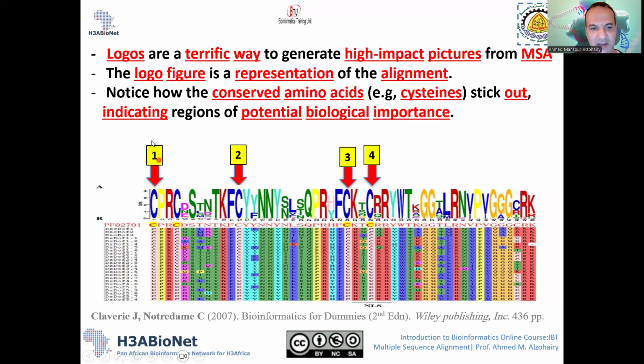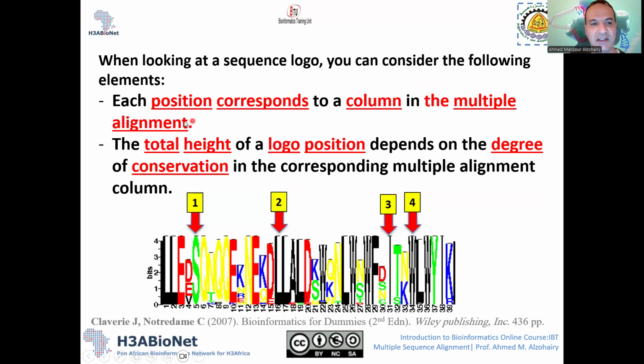For example, here in that figure, you can see at arrow number one, two, three and four the cysteine sticking out, just to show that it's conserved among different species, which indicates a potential biological importance. So that's why we can use it very easily to understand and to discover the important places.